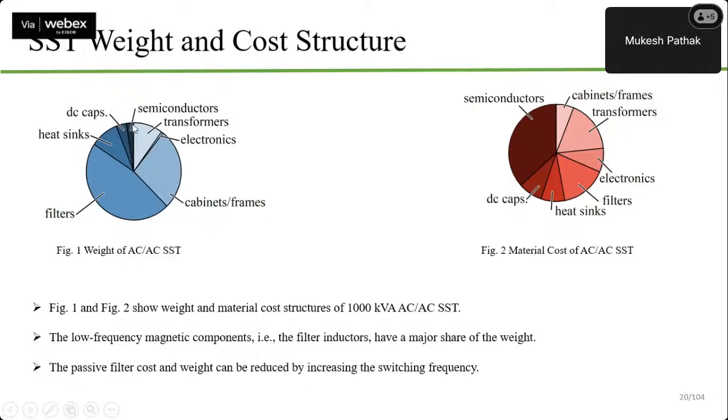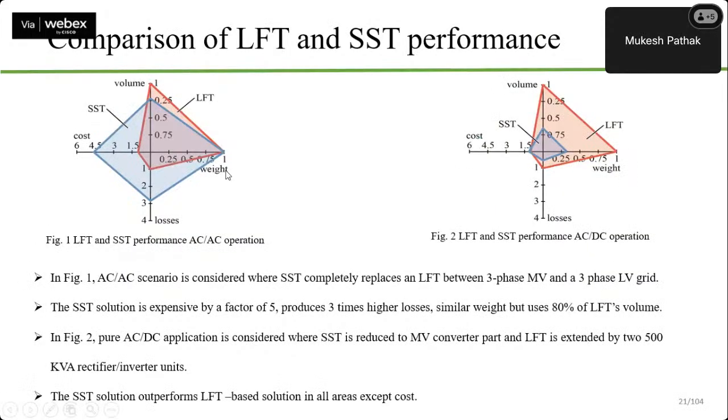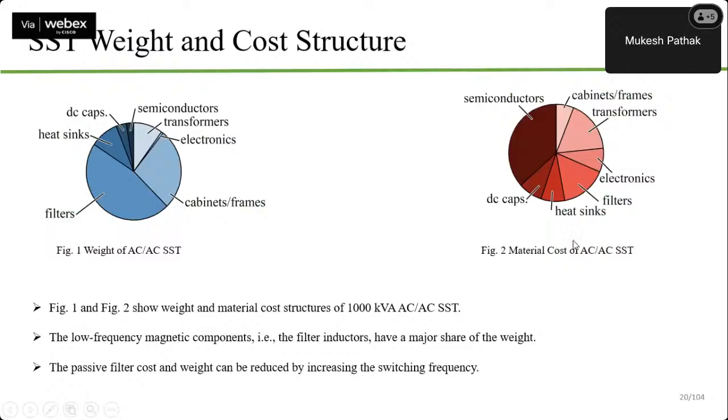Heat sink, capacitors, cabinets, and semiconductors, and the transformer forms a very small portion of the overall weight. Similarly, looking at the cost of material, you can see semiconductors form the major cost component. Other costs are very small.